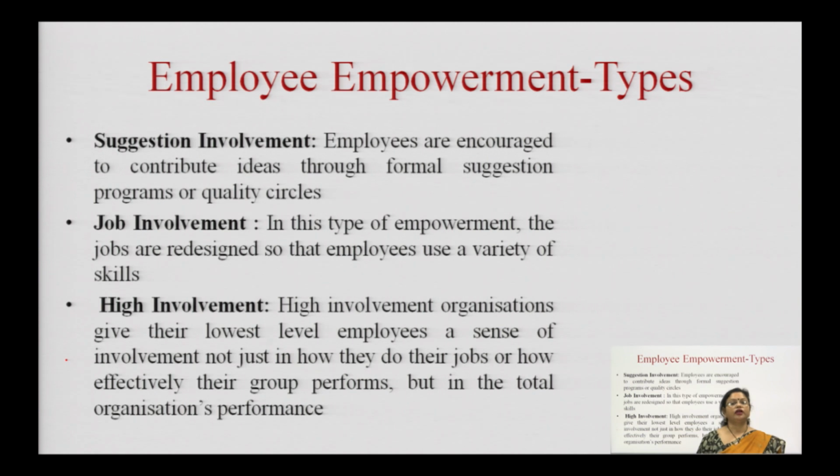In redesigning the job, you can involve the employee who can redesign his own job. So now his job is not only to manage the time, but also to find out the performance of the employee in that time. So you are redesigning in order to make maximum use of the competency or capability which the employee has.